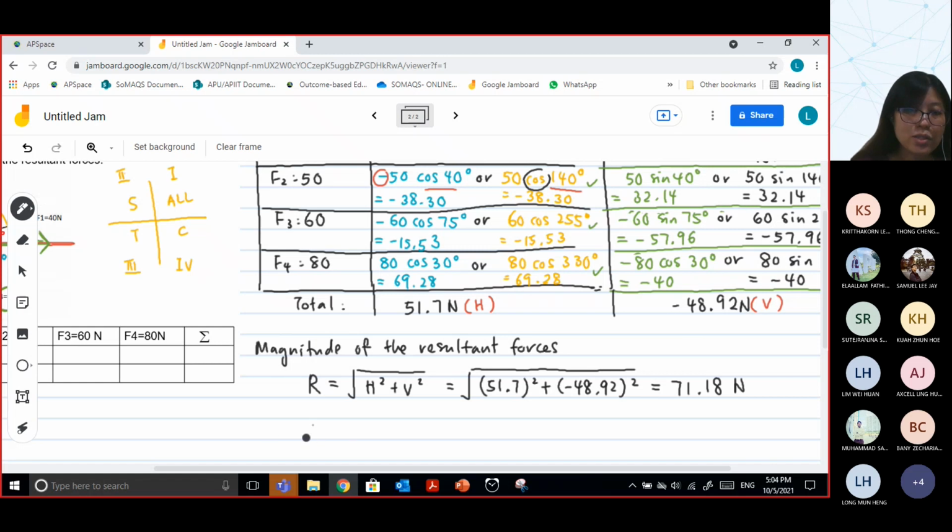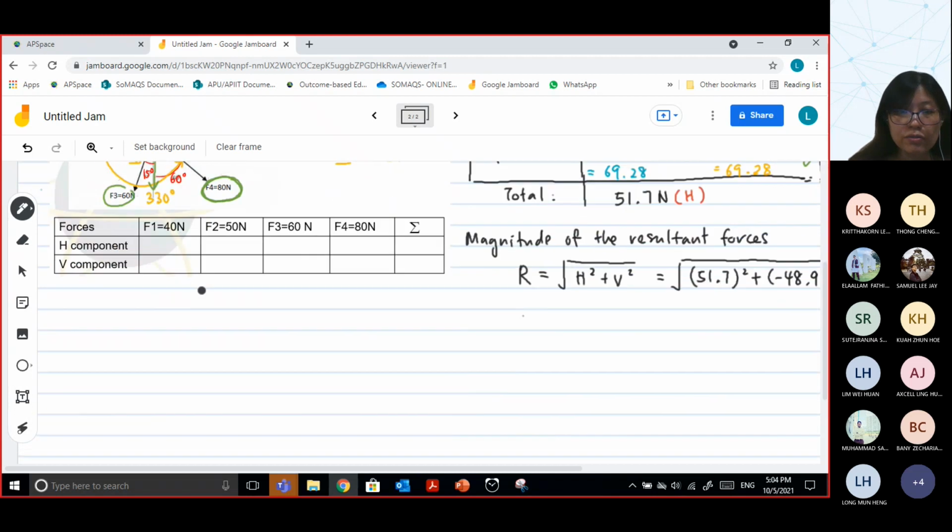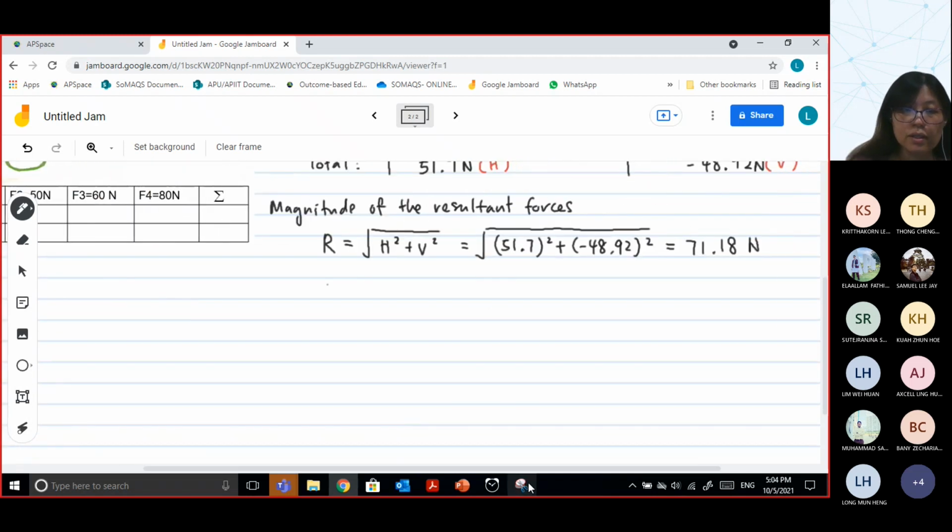Then next one, the angle, the direction, the angle of the resultant force.